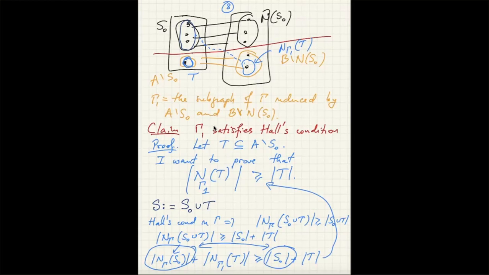So we proved that Hall's condition is satisfied in gamma 1, and that implies that gamma 1 has a matching M1 that saturates A minus S0.